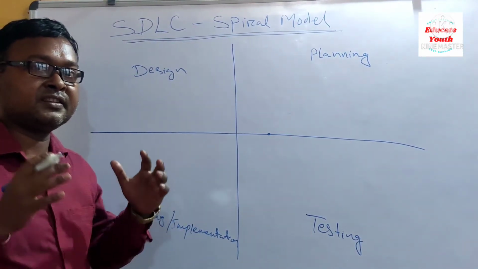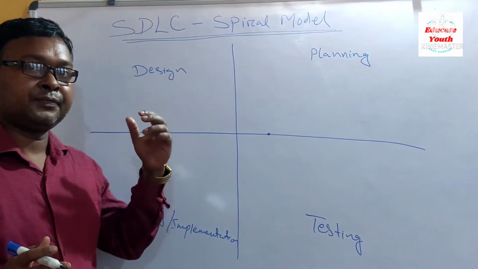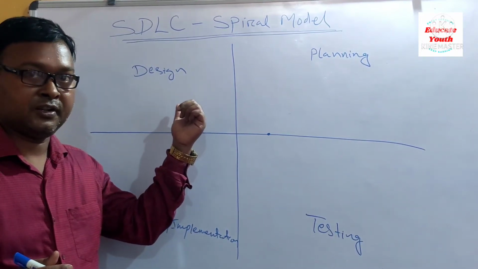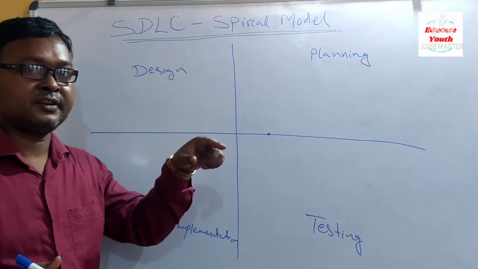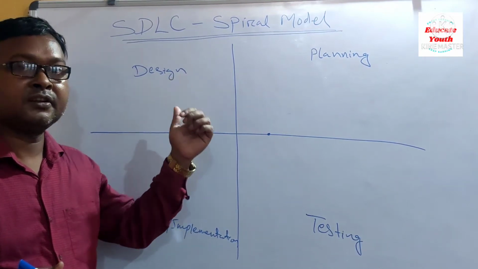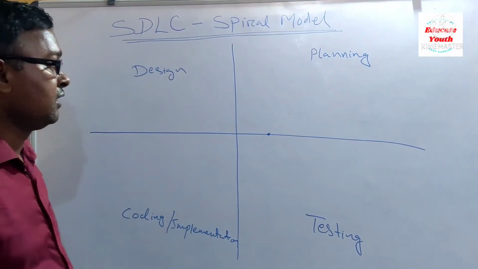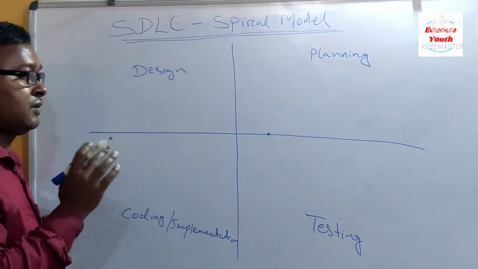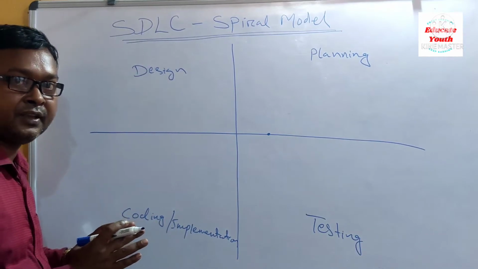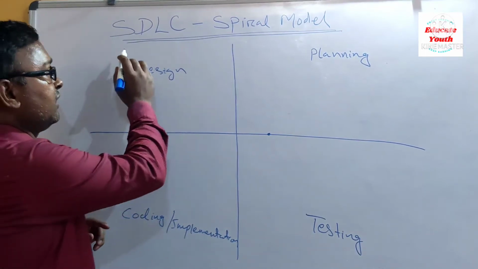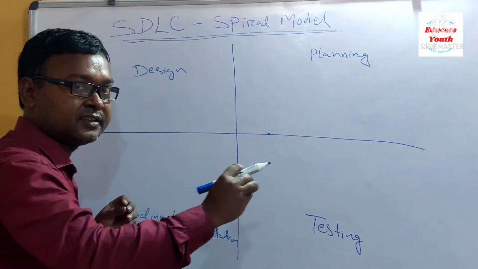If your company has got a big project, you need to follow the spiral model. Don't go for the waterfall model or iterative model. The best model for developing a big project is the spiral model. So you have got the project right now, you are starting your development process.